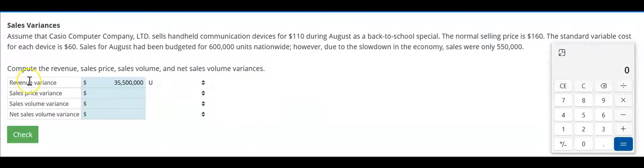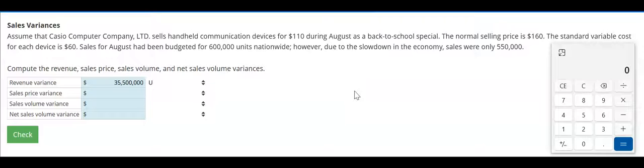We're looking at revenue only right now, comparing actual 110 and 550,000 to expected 600,000 and 160.